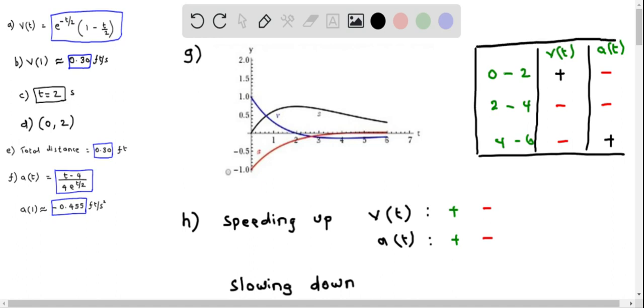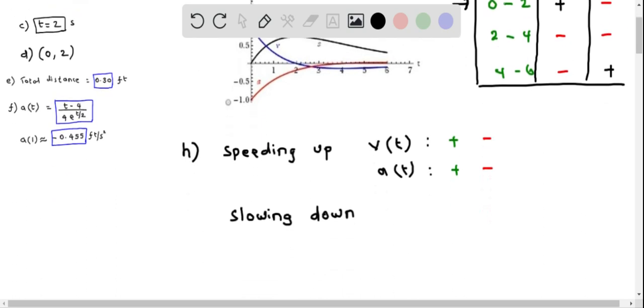We see that in these intervals, the velocity and acceleration have opposite signs, which means the particle is slowing down. That is, whenever the velocity and acceleration have opposite signs, if one is positive and the other negative, we see that it is slowing down.